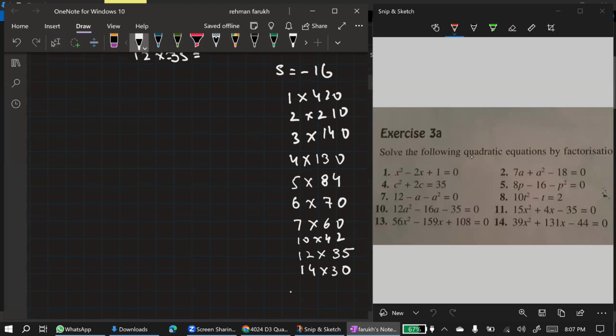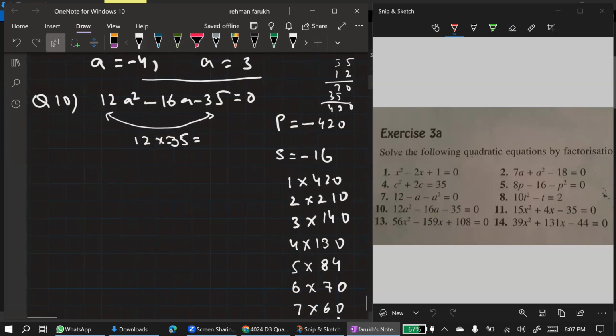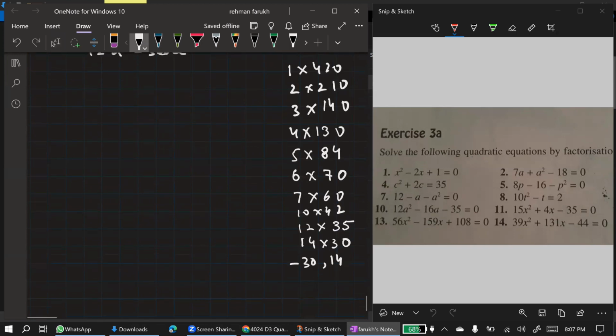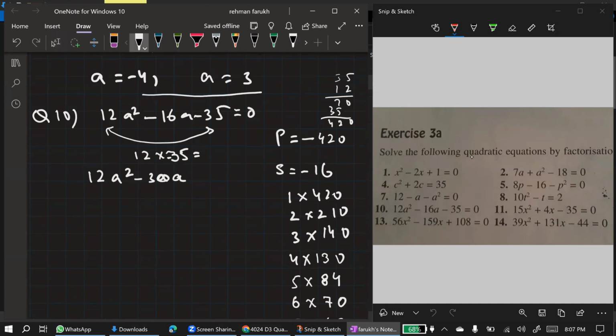So the possible pairs are -30 and +14. 12a square minus 30a plus 14a minus 35 is equal to 0.